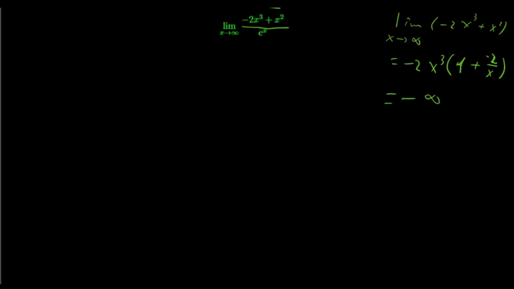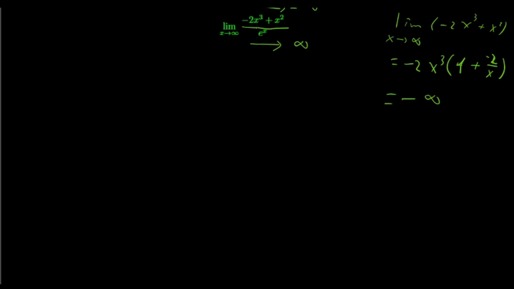You use a notation like that to tell me the limit of the numerator is negative infinity. The limit of the denominator is actually infinity, right? As x gets larger and larger positive, e to the power of x gets larger and larger positive as well. Actually, it's getting larger and larger positive much faster than x.